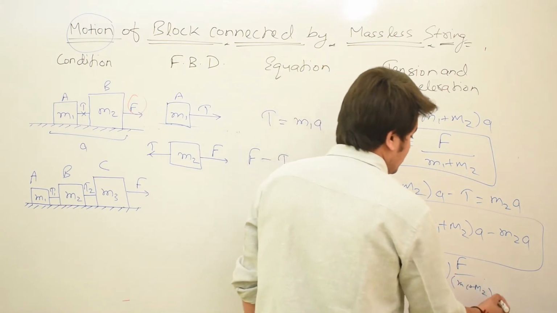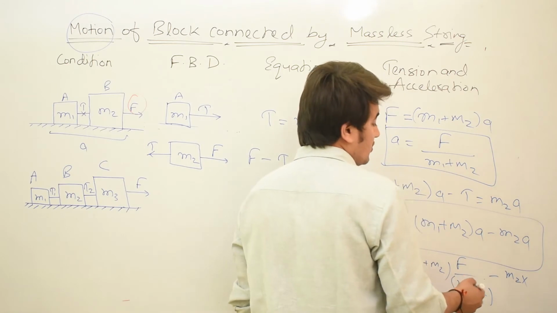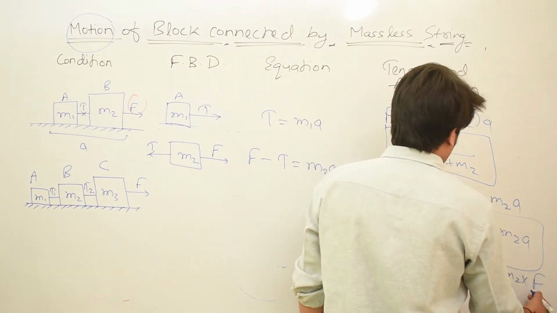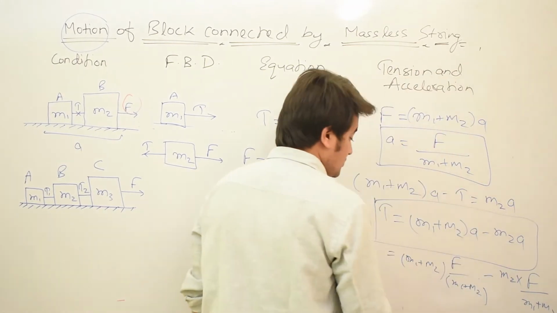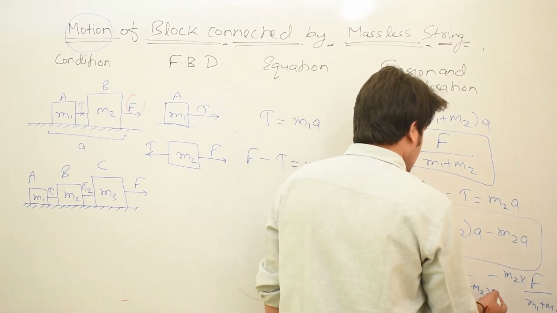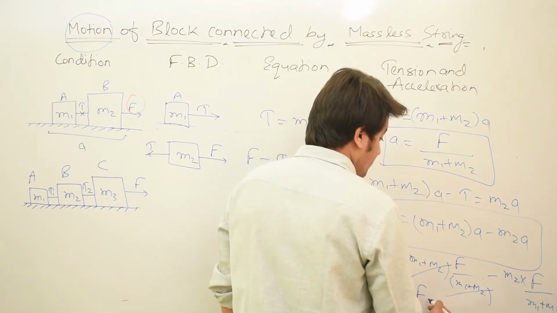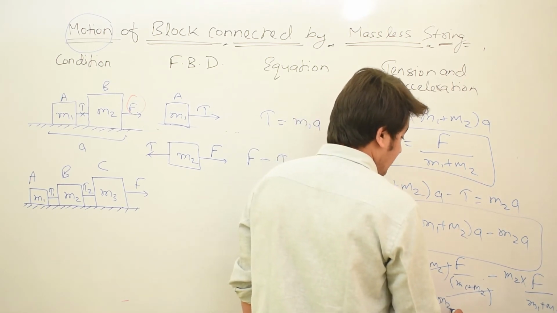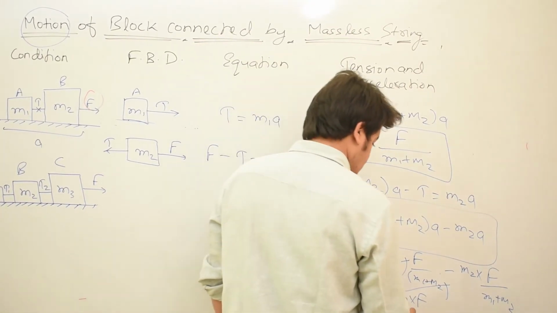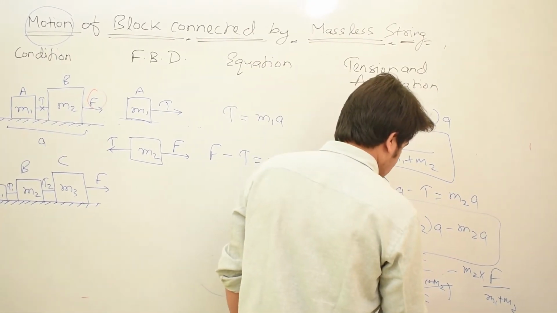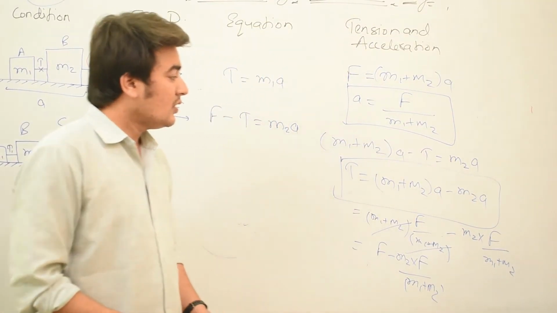So T is equal to (m1 plus m2) multiplied by F divided by (m1 plus m2), minus m2 multiplied by F divided by (m1 plus m2). This will be equal to F minus m2 multiplied by F divided by (m1 plus m2). So this is how we can easily calculate all those formulas.